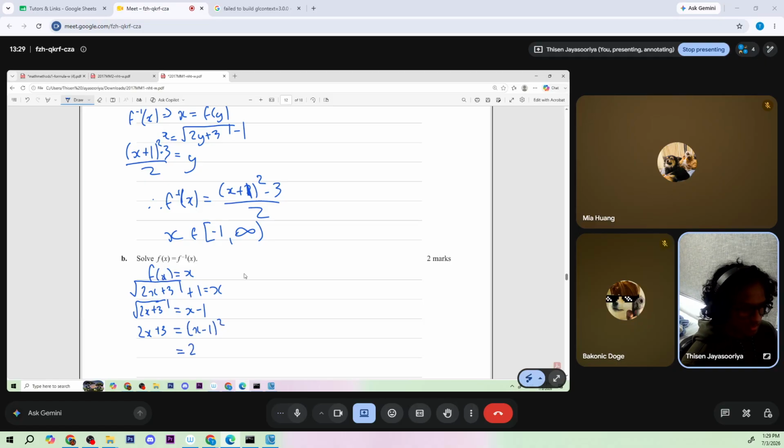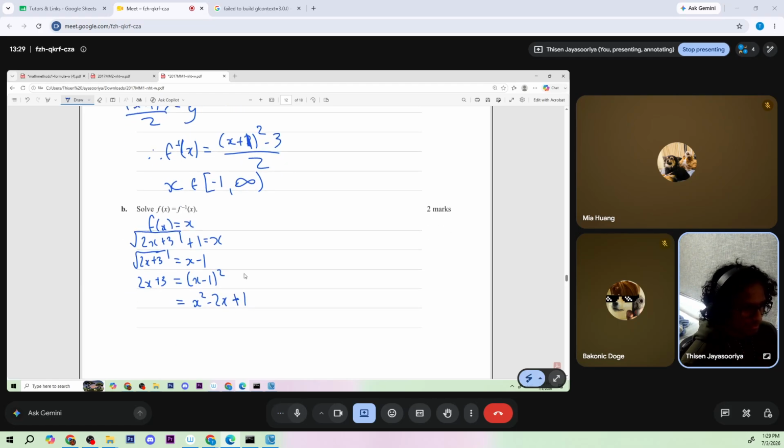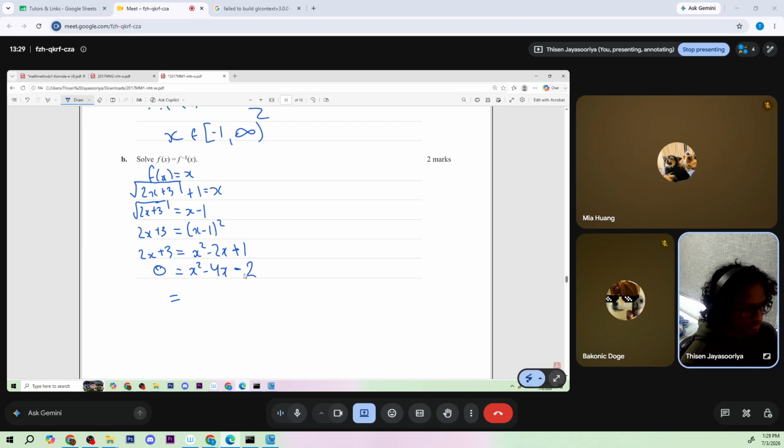So here we get x squared take away 2x plus 1, which means that 0 equals x squared take away 4x take away 2. Here we can use the quadratic formula.